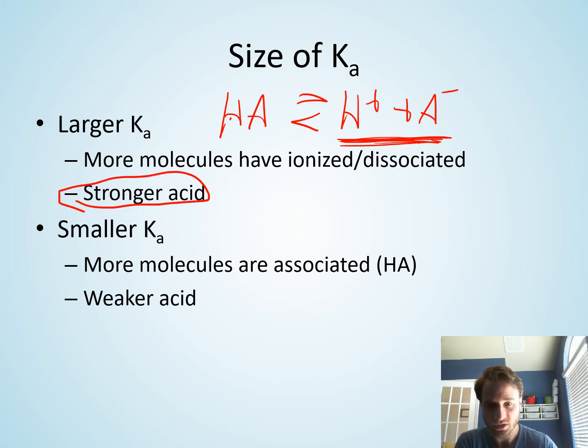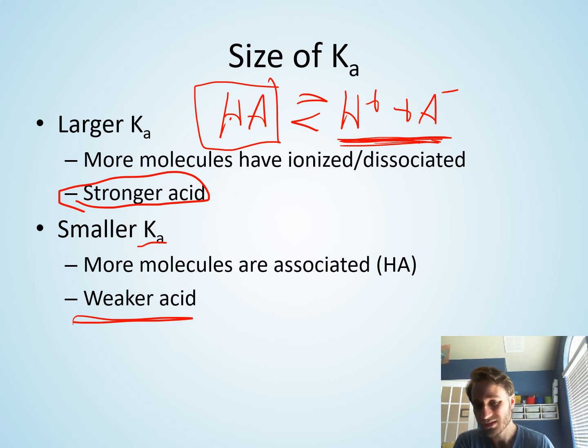The strongest acid you can have is a strong acid, which fully dissociates. The smaller the value of Ka, the more of the weak acid molecules are still left in solution, and the weaker your acid. So larger Ka, stronger acid; smaller Ka, weaker acid.